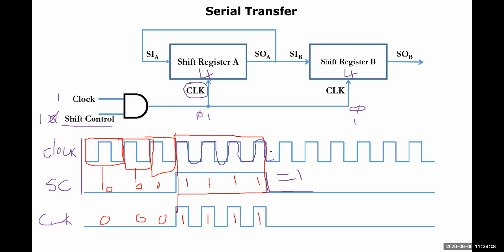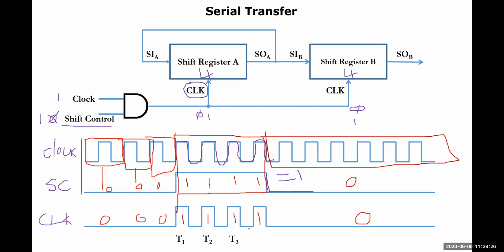From this place onward in the entire timing diagram, there is no shift control, so obviously the clock is also 0. Let me consider this is T1, the first unit of time, second unit of time is T2, third unit of time is T3, and so on, T4.